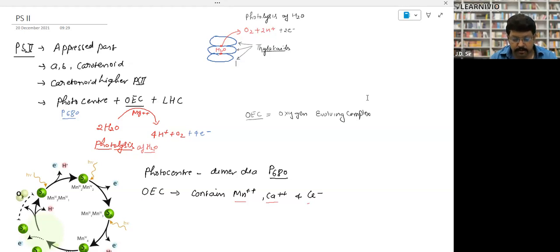Next one. PS second has chlorophyll A, B, and carotenoids. Chlorophyll A and B are present in equal amount.